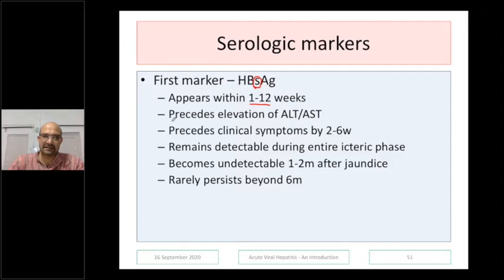It precedes, that means it comes before, the rise in ALT and AST.